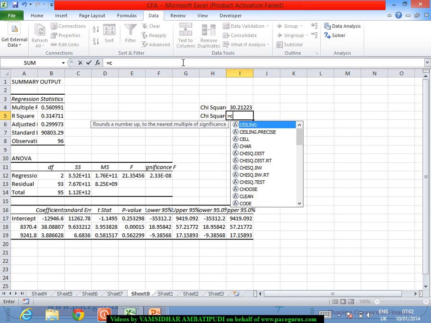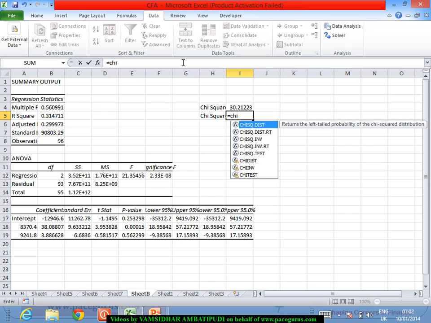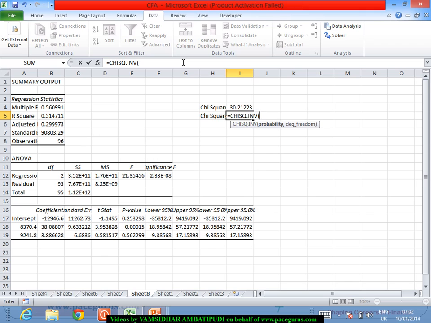So I take chi-squared inverse, wherein I am looking at 5% and 2 degrees of freedom. That is the critical value for a 5% level of significance and 2 degrees of freedom.